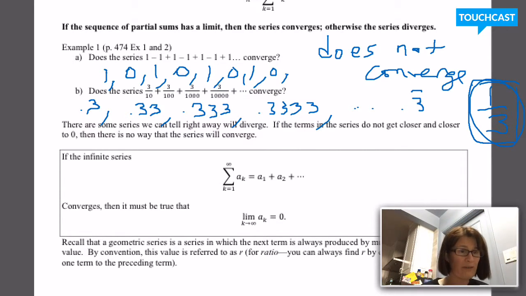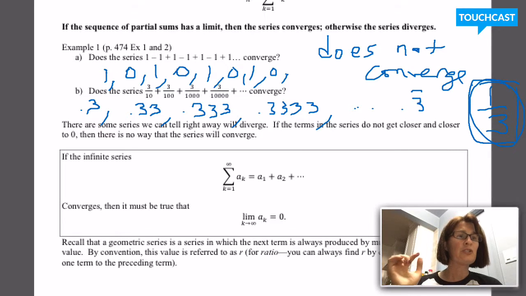So we said one of our big focuses in this first section is to tell whether a series converges or diverges, because moving forward in Chapter 9, we want to focus just on series that converge. There's some series we can tell right away are going to diverge.